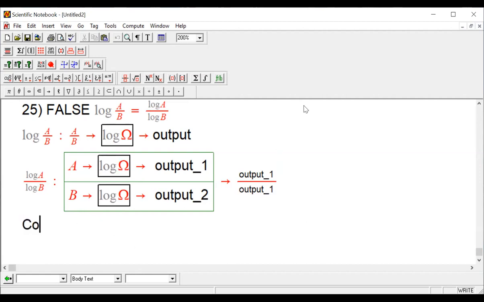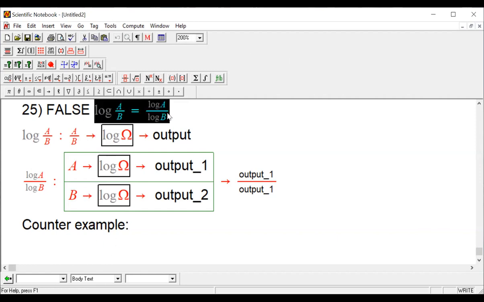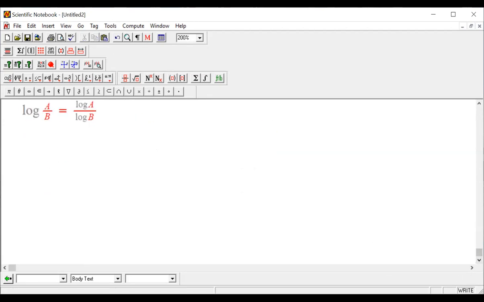And from the counter example perspective, I can give you a counter example easily. So we know this is a terrible mistake.